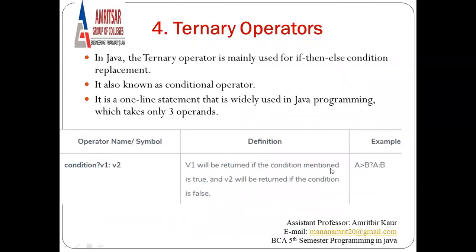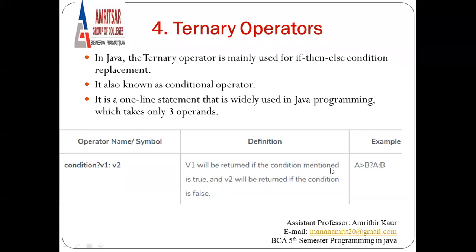Then the ternary operator, also known as the conditional operator, and it replaces the if then else condition. So here, if we want to compare two values, then we use the ternary operator. So in tabular form, the operation and symbol, operator name and symbol are given with a definition and example. Firstly, we will write a condition. In the example, we are firstly writing a condition A greater than B. Then a question mark.